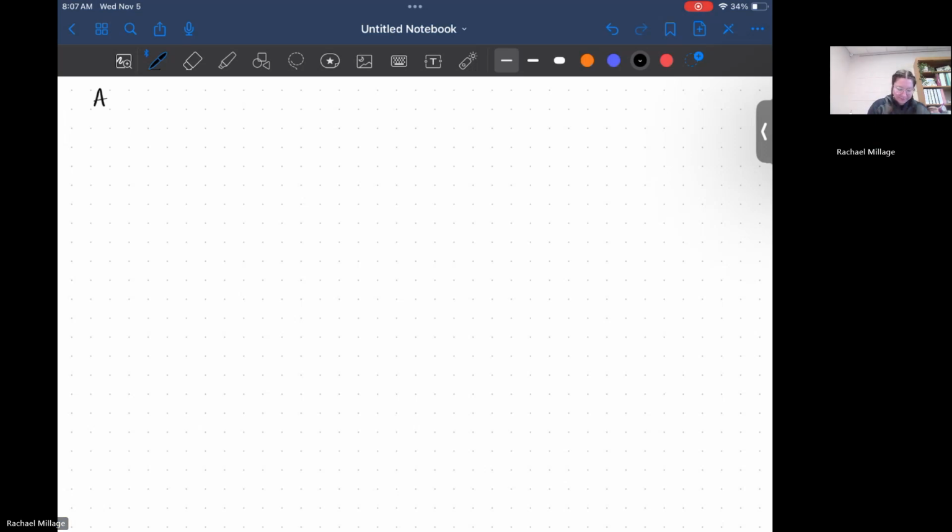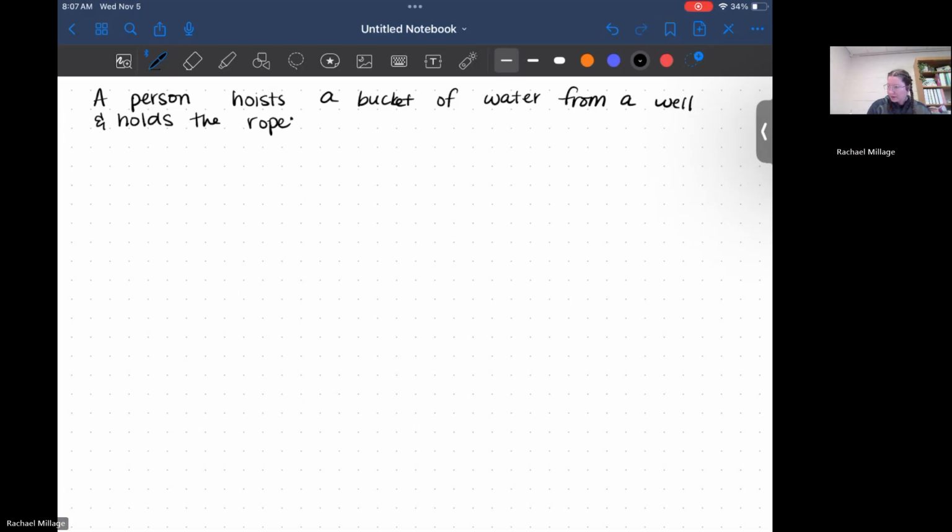So our problem. A person hoists a bucket of water from a well and holds the rope, keeping the bucket at rest. All right, simple enough.